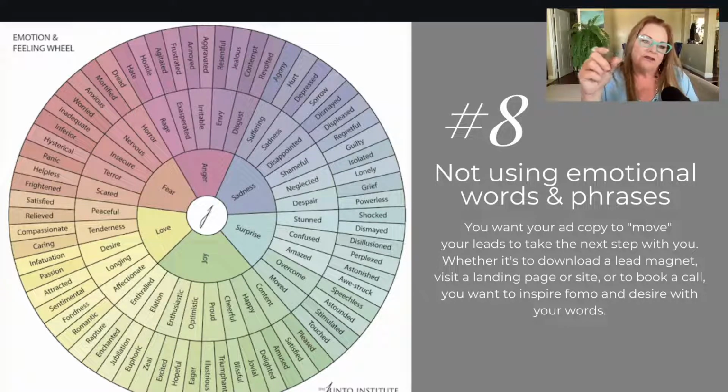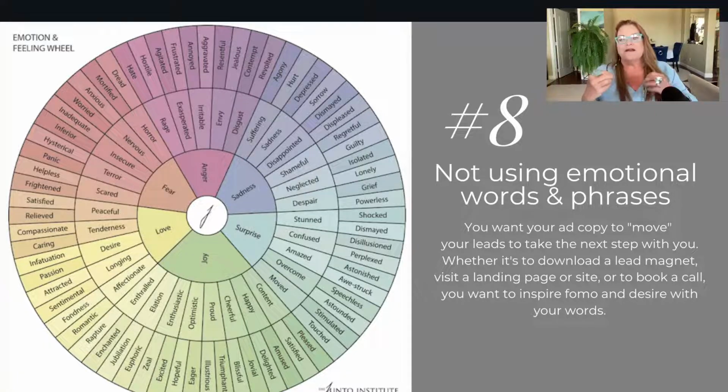So things like enthralled, romantic, enchanted, euphoric, excited, hopeful, illustrious, triumphant, attracted, passion, peaceful, desire, longing, affectionate. I love finding good inspiration for really juicy ad copy that could potentially be woven into lovely emotional phrases that can spur your client on their journey with you.